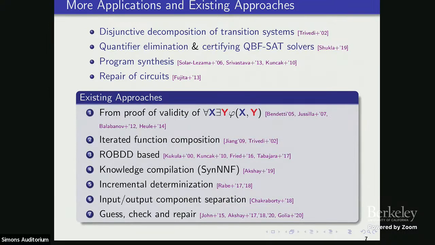And of course, people have worked on this, and there are several approaches that have been used. So in recent times, for realizable specifications, when you know that for all x there exists y, phi of x y is true, one can look at the proof of that and extract Skolem functions out of it. There is something related to iterated function composition, which doesn't scale very much.